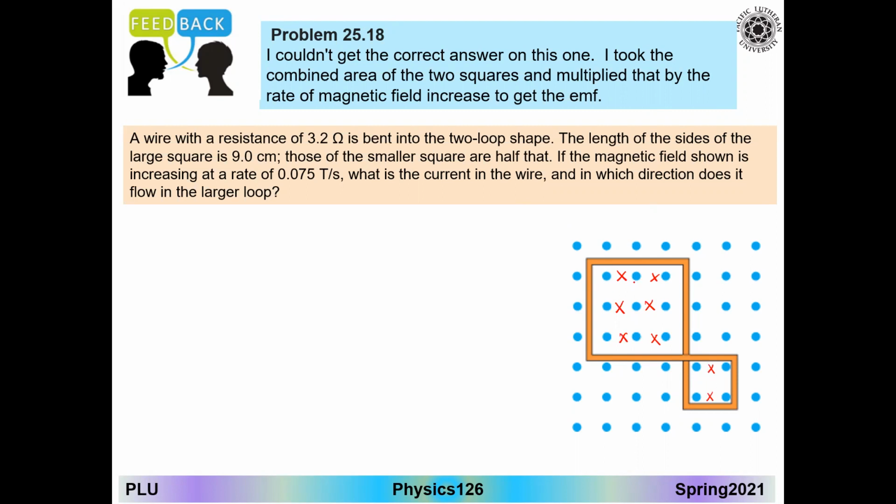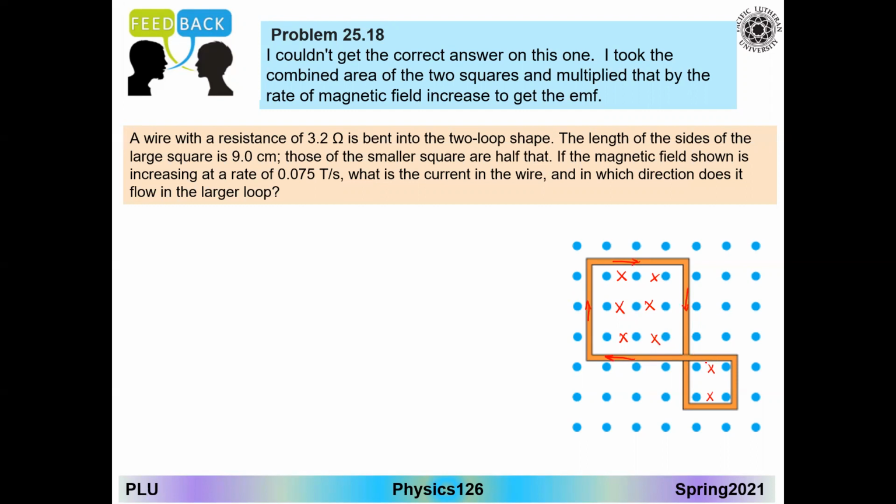Now we're going to use the right-hand rule to find the direction of the current. For the big square loop, with your right hand pointed into the page, your thumb indicates the direction of the current. So in that case, the direction of the current will be clockwise, in this direction.